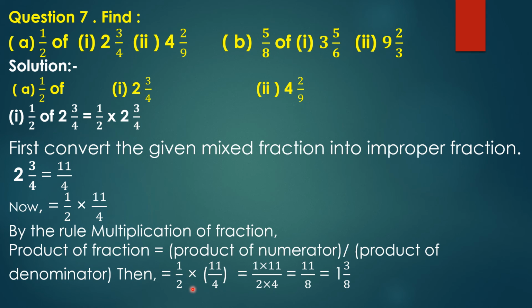Therefore, 1 by 2 into 11 by 4 equal, what is the numerator? 1 into 11 divided by the denominator, 2 into 4. Therefore, this will become 11 by 8. Okay. So this is the answer for question number 1.